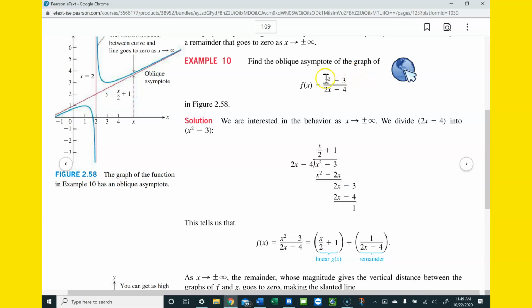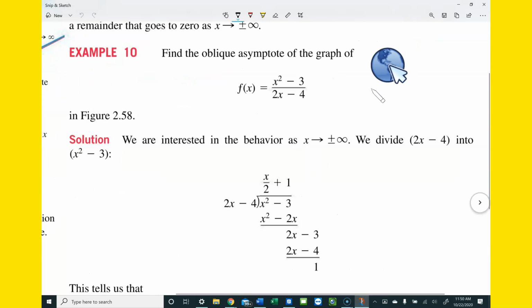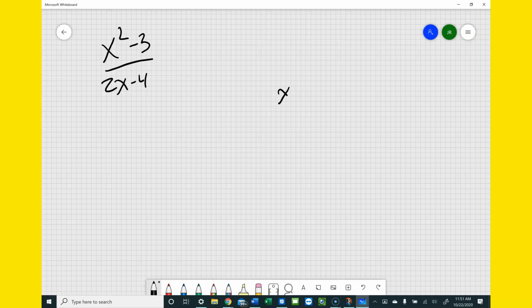So when the degree on top is higher, I'm going to show you a kind of a trick that we can do there. All right, we're going to have to divide this thing with long division. Hopefully you've seen long division before.